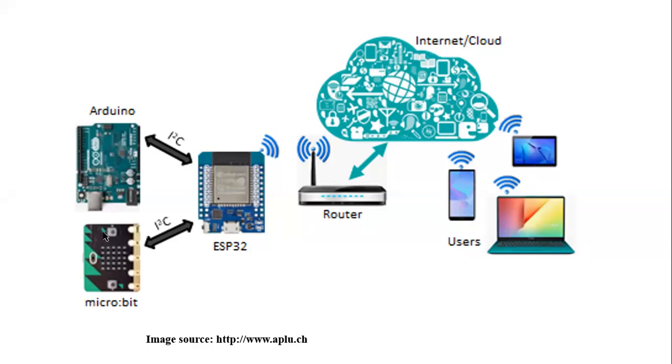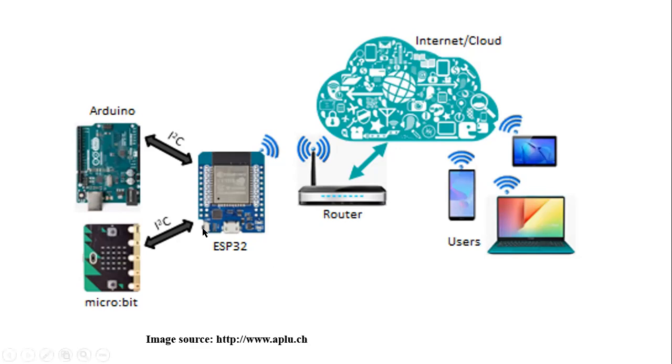Now, we have our Arduino here. We have our ESP32 here. You can also make use of your Arduino and get a Wi-Fi shield and connect it to your usual internet router. Just make sure that you have good internet service.